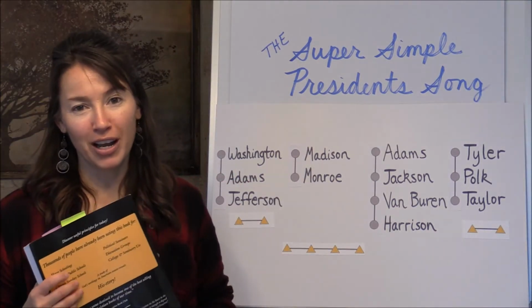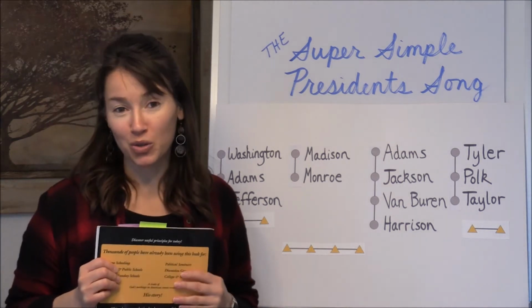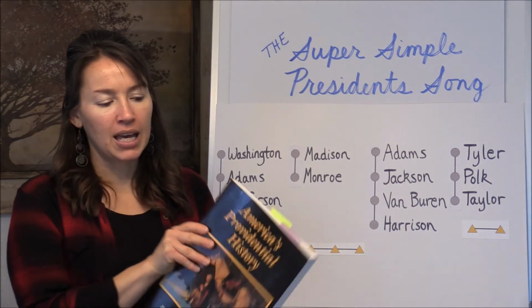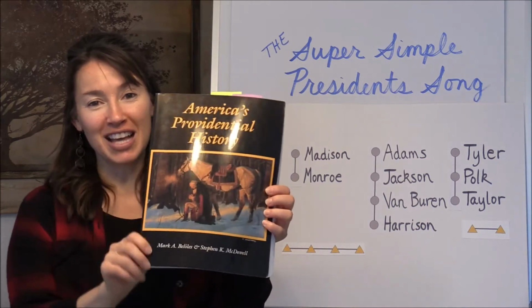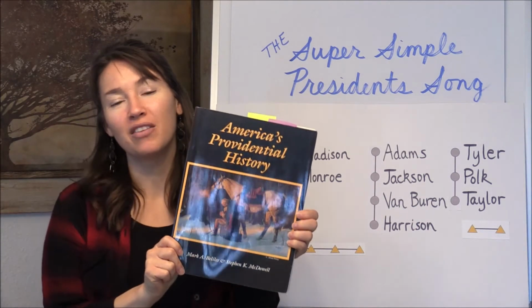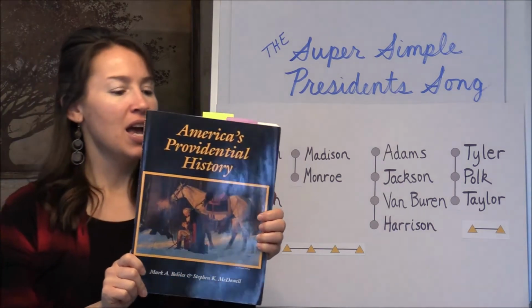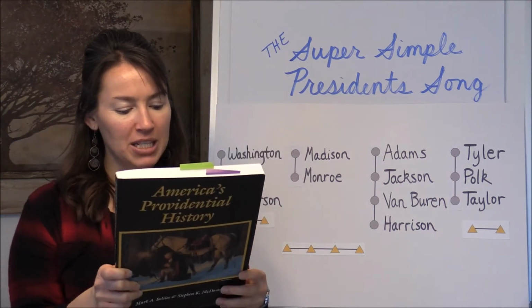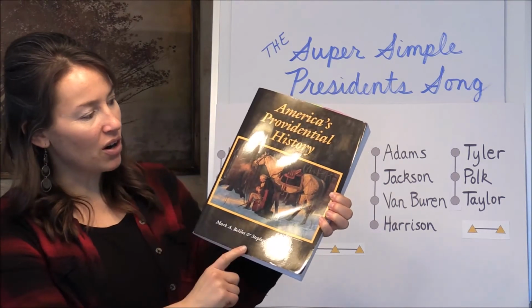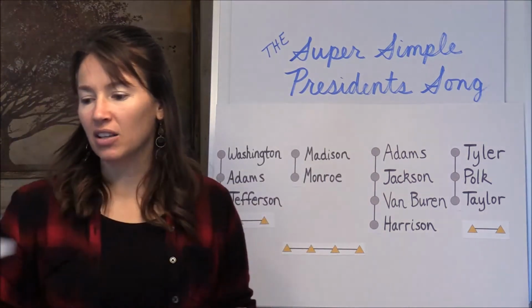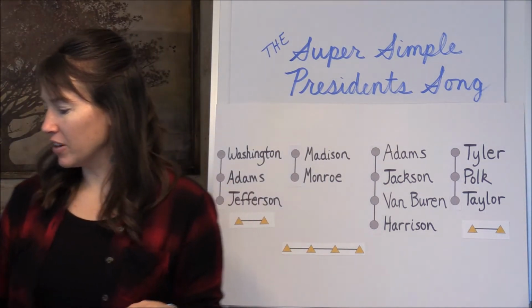This could be a great history textbook if you're homeschooling. And if you're an adult and haven't delved into this topic of America's Providential history, this is a great overview. Stephen McDowell and Mark Beliles are the authors, and I'll leave that there for now.